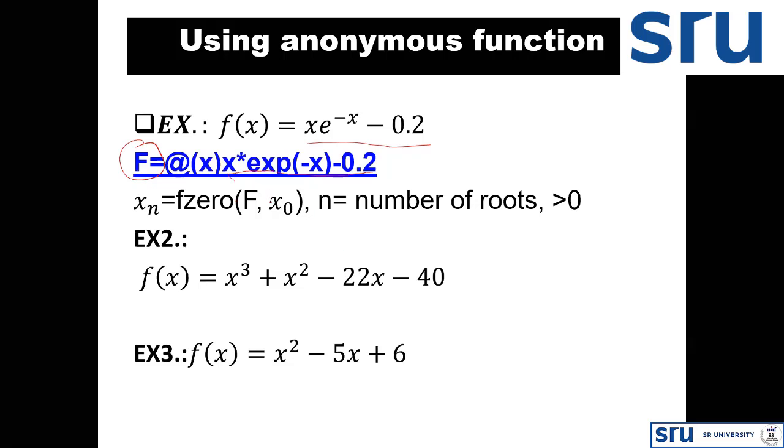According to the initial guess, the first root and second root will come. Otherwise everything is the same. This way you can find the roots of an equation. There are two examples for both methods, and we'll discuss them in detail in MATLAB.